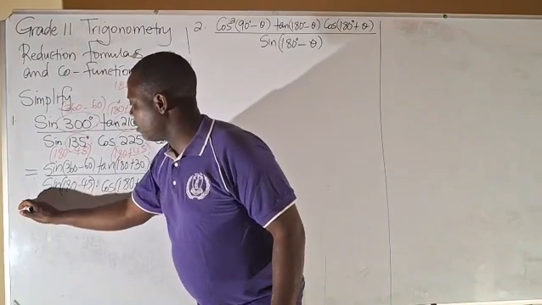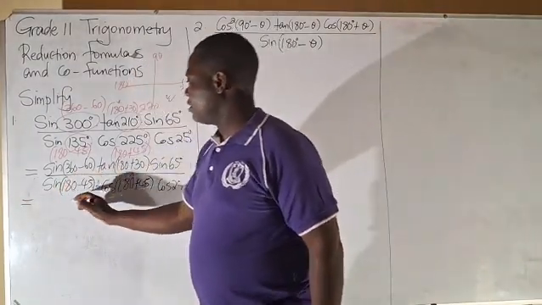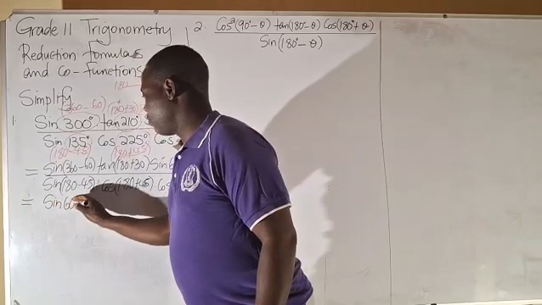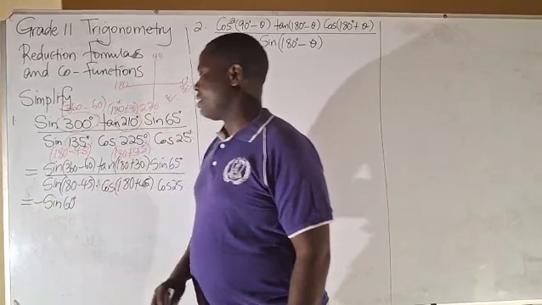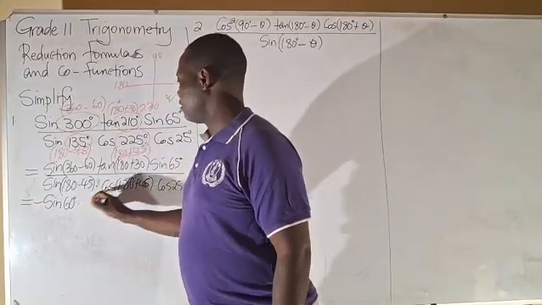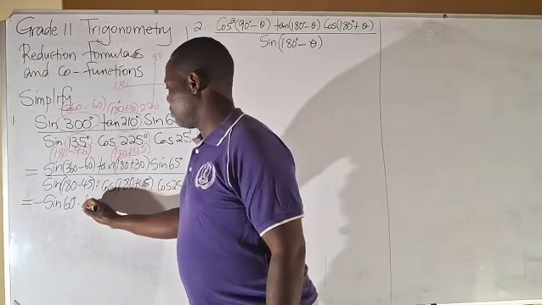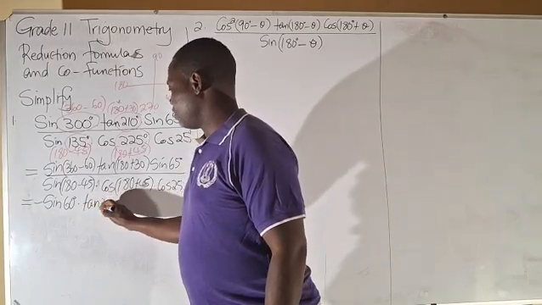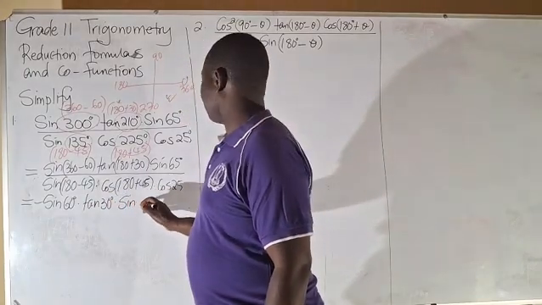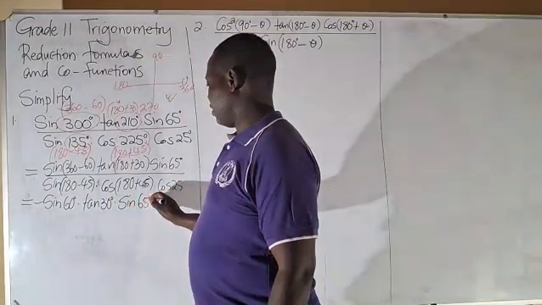So carrying on, sine of 360 minus 60 is the same as negative sine of 60, negative because in the fourth quadrant, sine is negative. Then tan of 180 plus 30 is the same as tan 30. In the third quadrant, tan is positive, multiplied by the sine of 65 degrees.